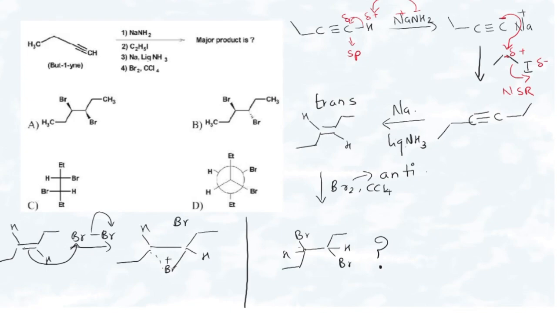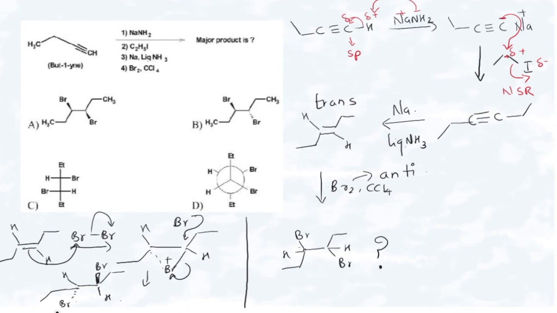Now, the bromide ion attacks either from above the plane or from below the plane. So if it attacks from above the plane, the other bromine goes below the plane. So that is the stereochemistry. That means you have to be very specific with respect to the position of the bromine, and the ethyl will be as it is here, and the hydrogen also like this.